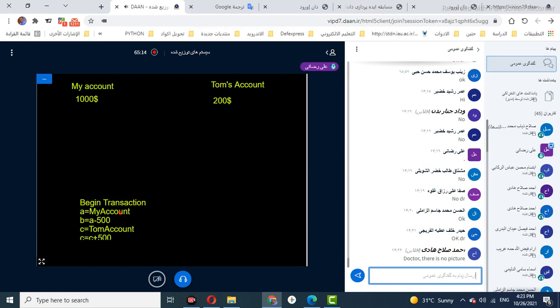This is my transaction here, and let's see what it really does. What it really does is transfer $500 from my account to Tom's account.